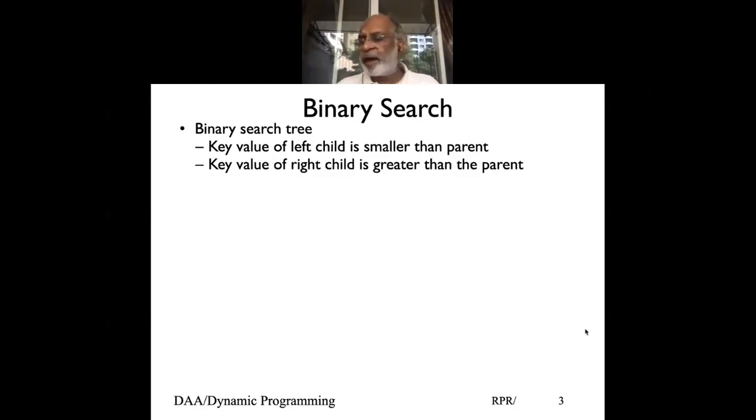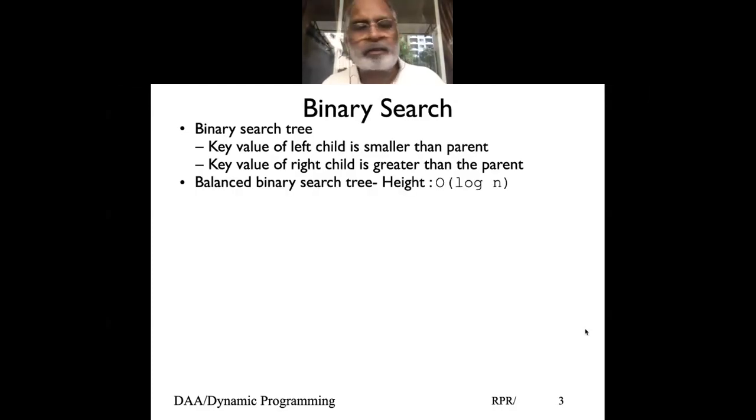Now there are different kinds of binary search tree which you have probably studied. I'm not sure whether you studied or not, but if not, you can look at it. We're not going to cover that, but we'll basically follow this property of the binary tree where the left child is less than the parent and the right child is greater.